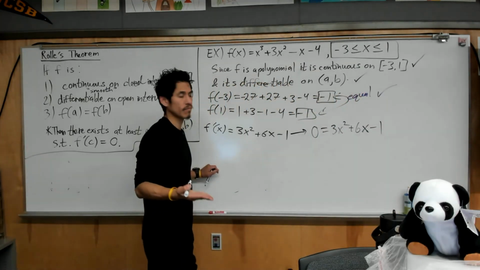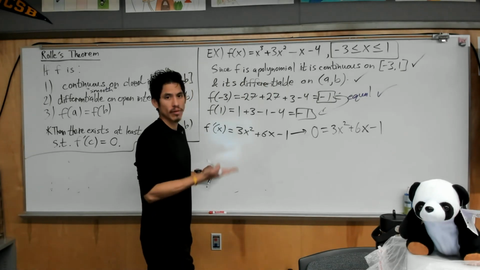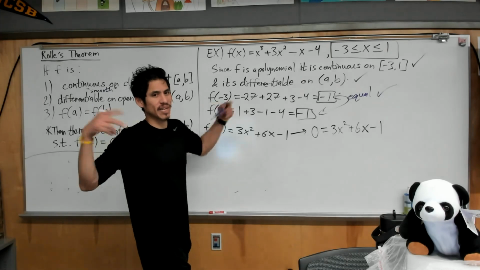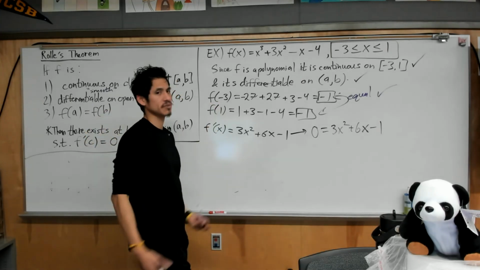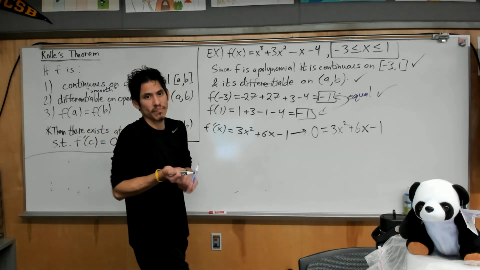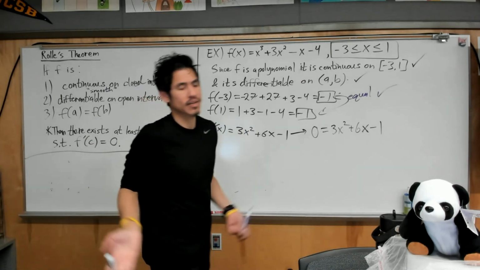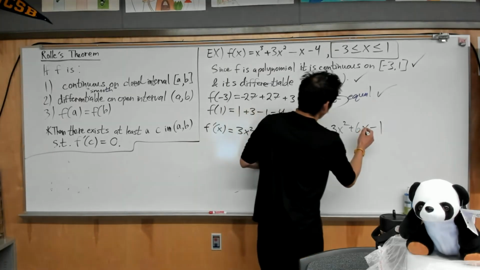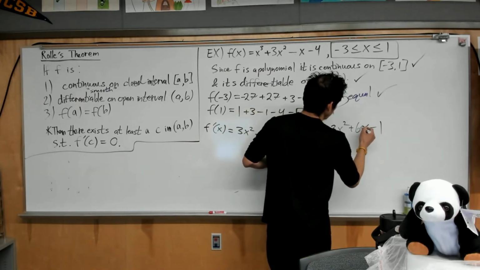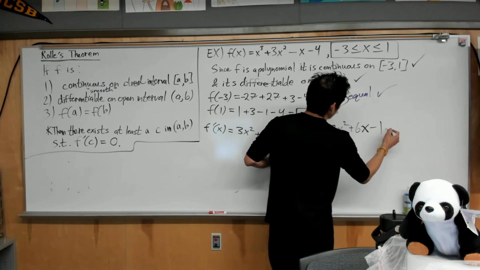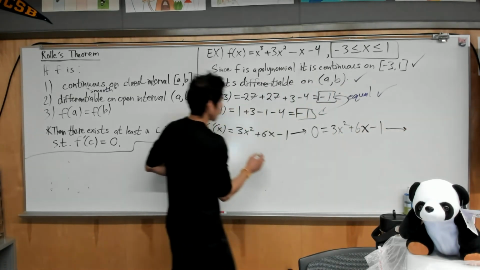Now, this is not a simple whole nice answer, so you can use your calculator because this is going to be some decimal answer. But let's break it down by the quadratic formula.